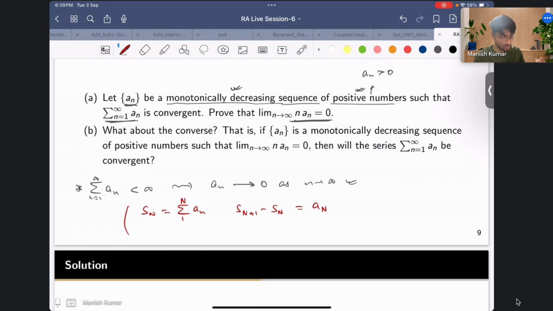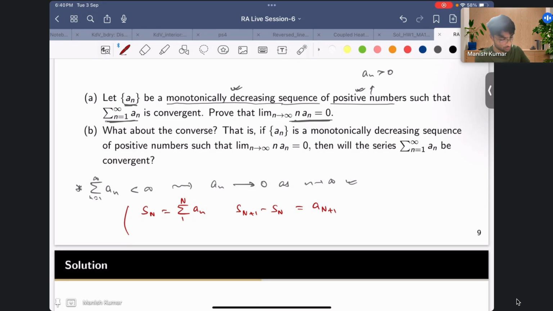Right? Now sorry, this is a n plus 1. Now you know that this sequence of partial sums, since this series is convergent, the limit of Sn exists, correct?